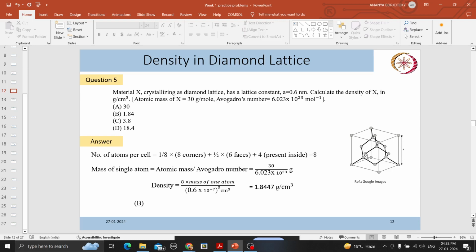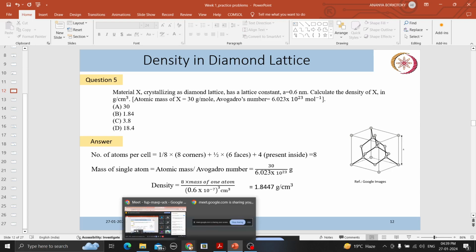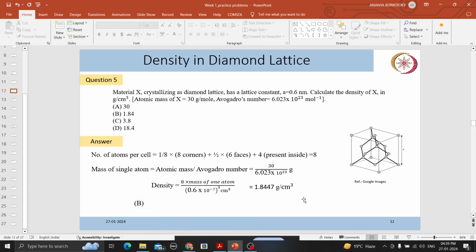It is the crystal structure for diamond, right? In real material there will be defects, so the atomic density and other parameters might be different, but for the crystal structure we will use these formulas. Any other question?